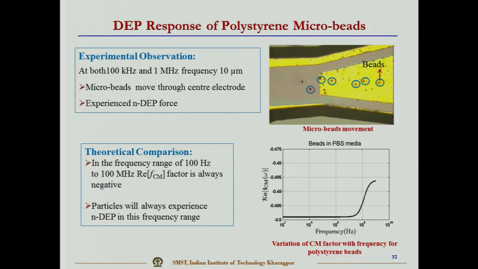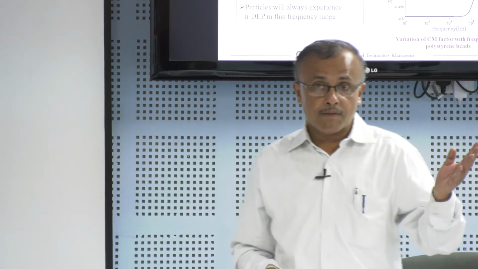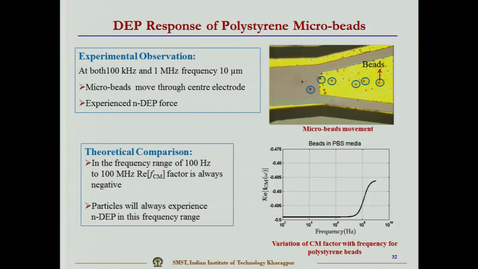If there is a positive DEP, positive dielectric force, then after injecting into the input, due to the positive dielectric force, the particle will move along this direction. But as it experiences a negative dielectric force, because of this dielectric value, it goes straight and is collected at the center of the central reservoir.